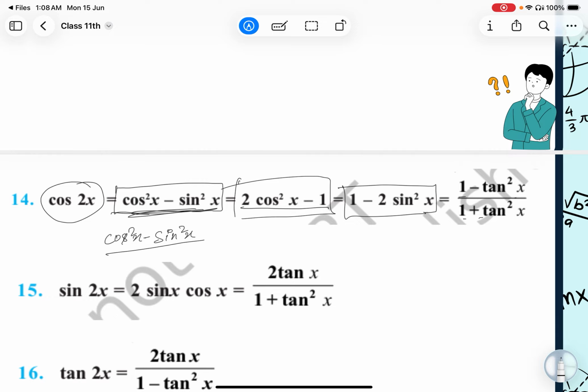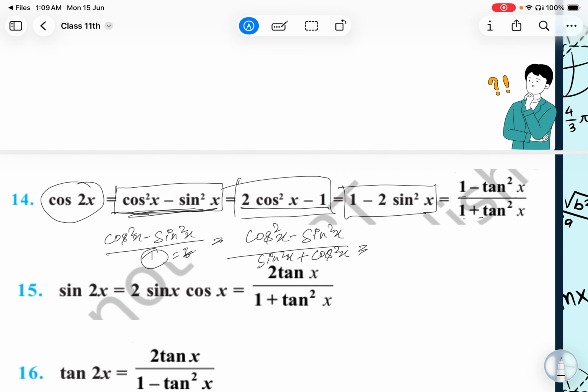So can we write this as cos square x minus sine square x by 1? This is correct. So can we also write cos square x minus sine square x by sine square x plus cos square x, because 1 is equal to sine square x plus cos square x.